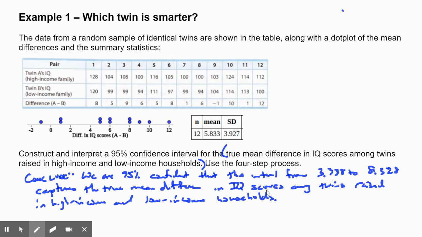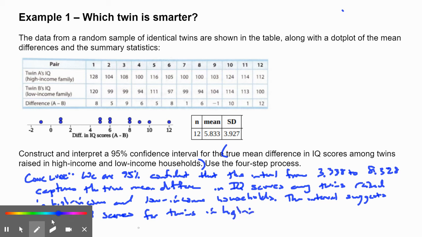And then we add a second part talking about what the actual numbers represent in terms of which one's more, which one's less, right? So then we're going to say the interval suggests that IQ scores for twins in high, that's terrible writing, I'm sorry, in high income households, are between 3.338 and 8.328 points higher than the IQ scores for twins in low income households.